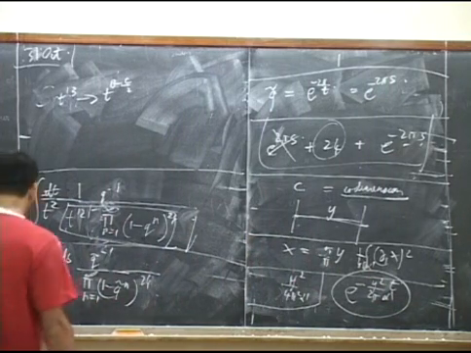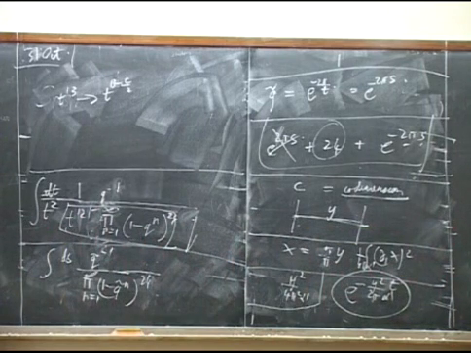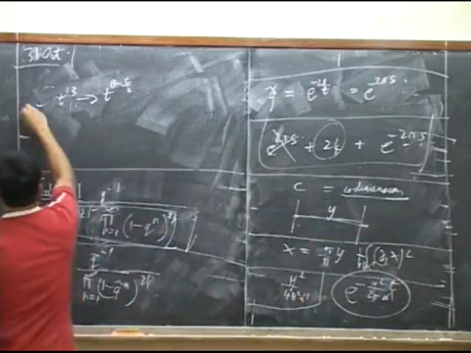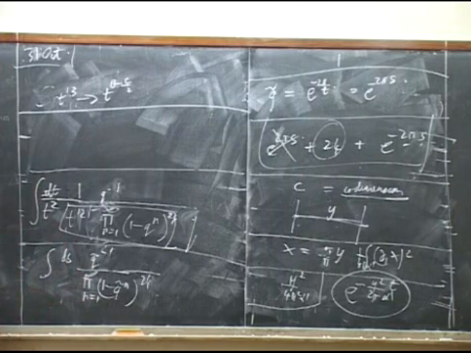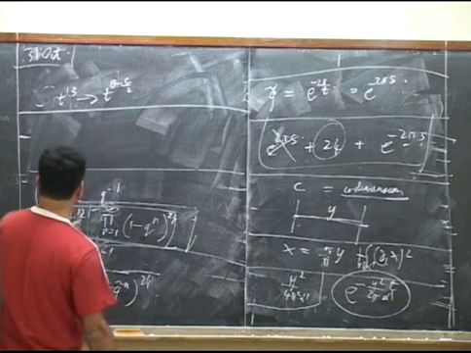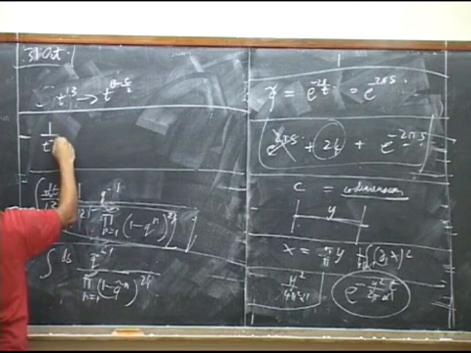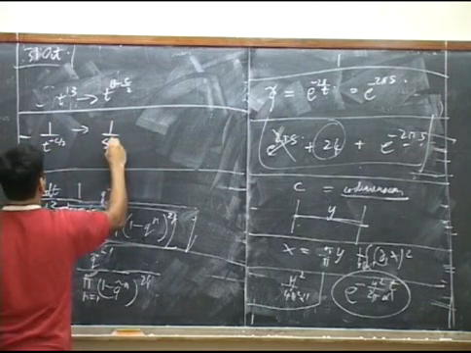Okay? So then what do we get once we make this transformation to s? We had an additional factor of 1 over t to the power minus c by 2, which will go to a factor of 1 over s to the power c by 2.